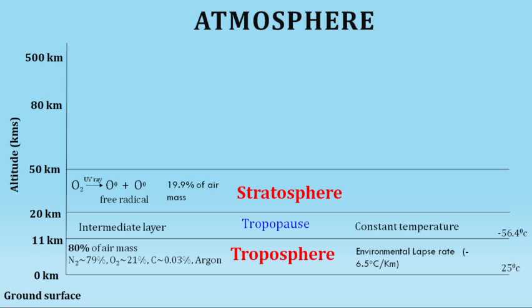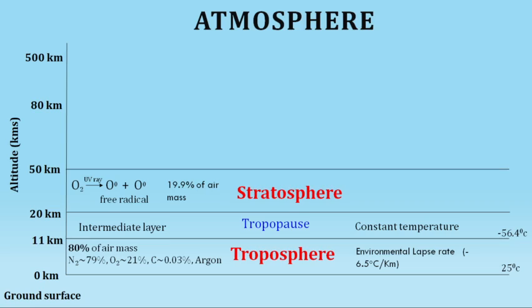So when ultraviolet rays will strike these oxygen gas molecules, because the penetration power of ultraviolet ray is quite high, these rays contain sufficient heat to break the bond between two oxygen atoms. And when this happens, the oxygen gas gets broken into oxygen free radicals.